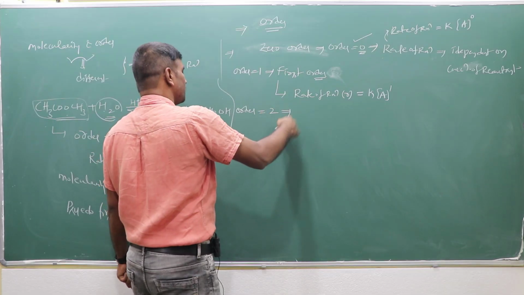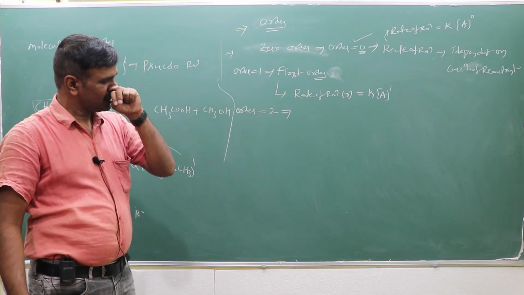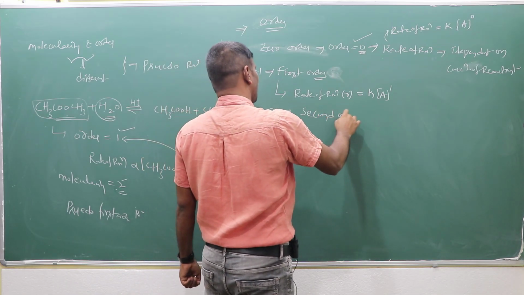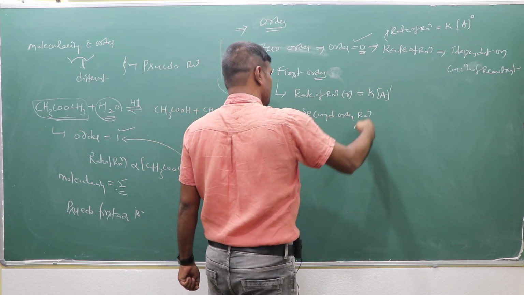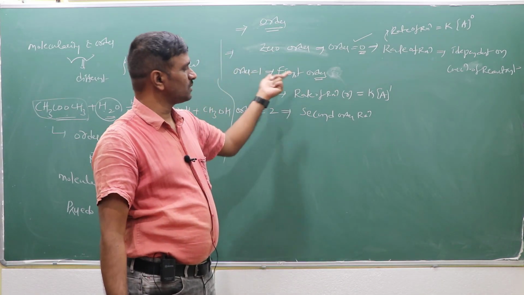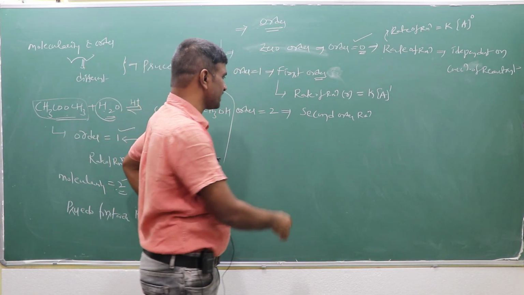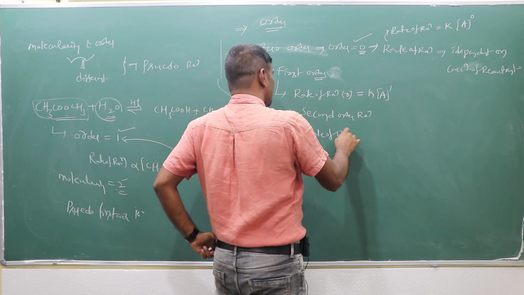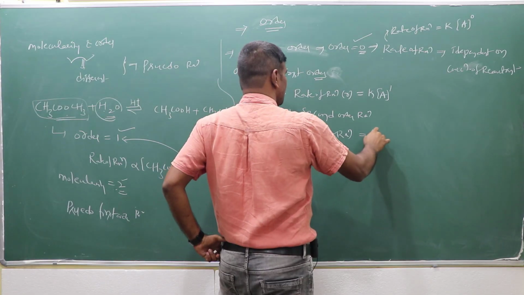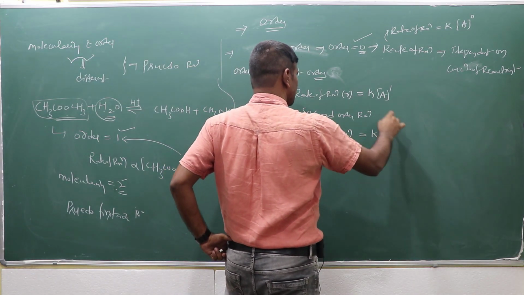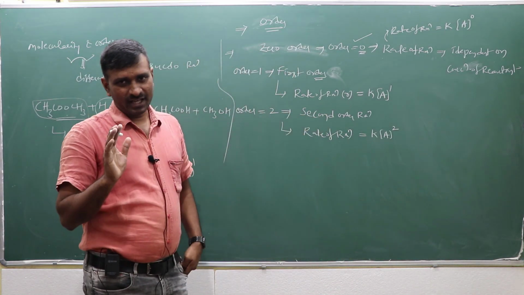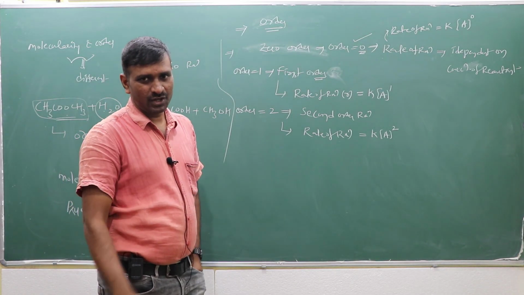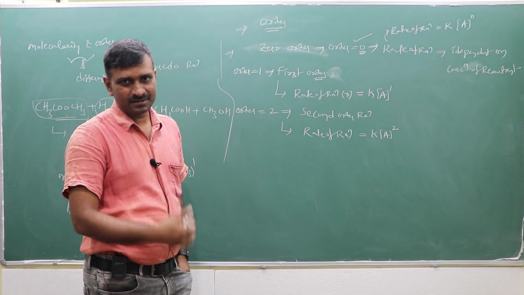If the order is 2, that reaction is considered second order. Order is 1, that is first order reaction. Order is 2, second order reactions. In the second order reaction, the rate of reaction depends upon the concentration of 2 reactant molecules. If only one type of reactant molecule is there, A is the reactant molecule with 2 equivalents, it is A square.